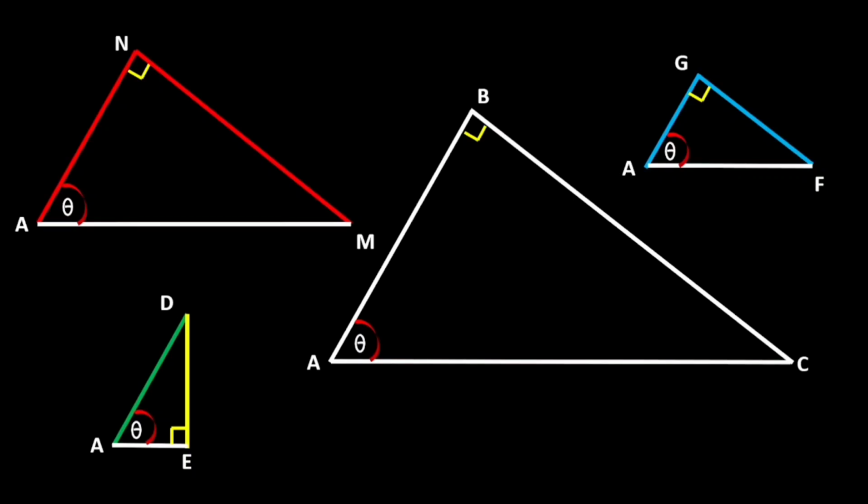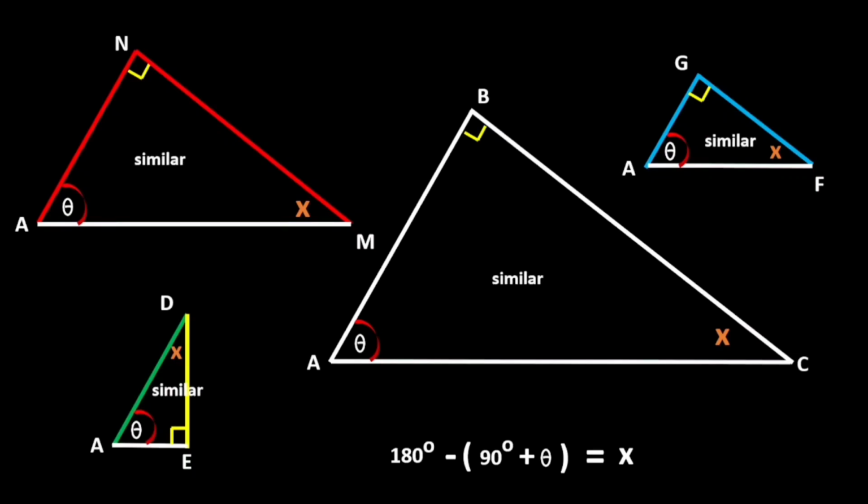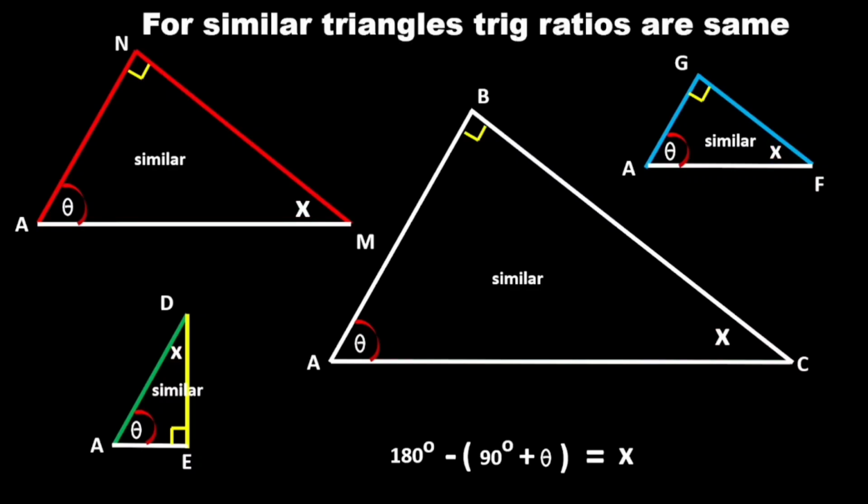By the triangle property, the sum of all the angles of a triangle equals 180 degrees. So the unknown angle must be x. The angles of all these four triangles are the same: theta, right angle and angle x. So we can say all these four triangles are similar, though they are different in size and shape. Trig ratios are always the same for similar triangles.